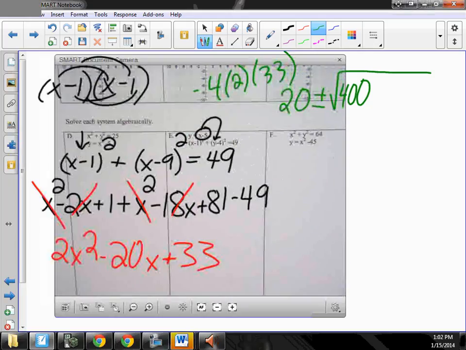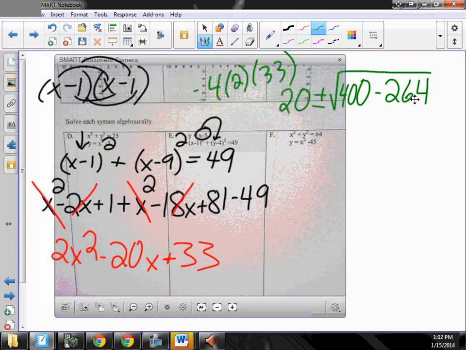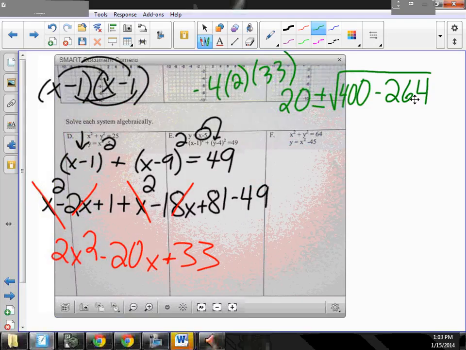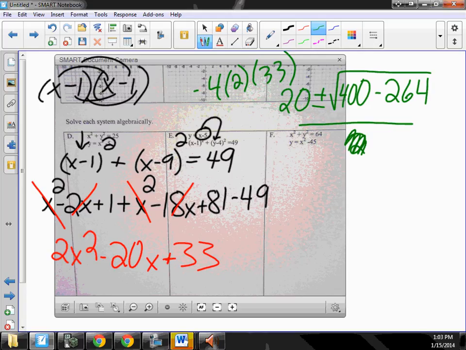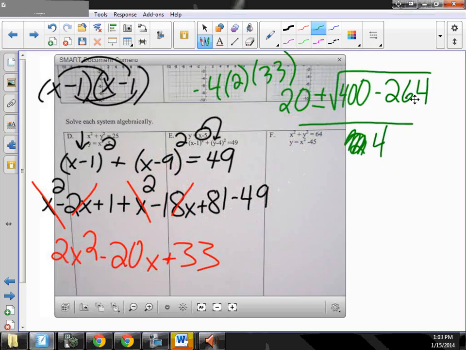So minus 264, over 2. Does everybody understand that? 2a, thank you. Now does it make sense? Okay, 400 minus 264 is 136. So 20 plus or minus the square root of 136 over 4.